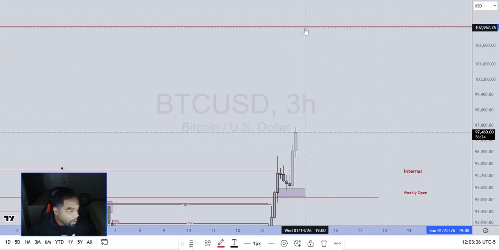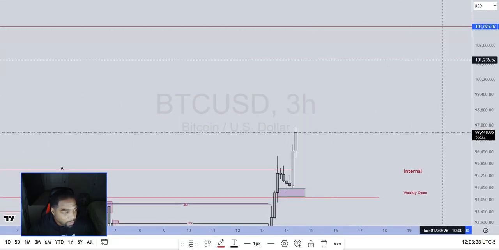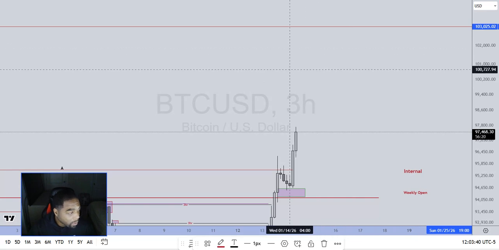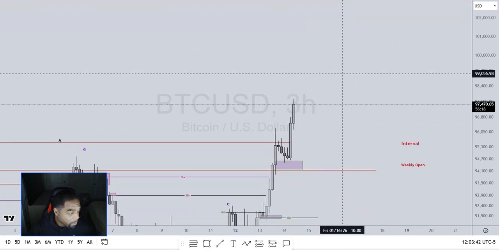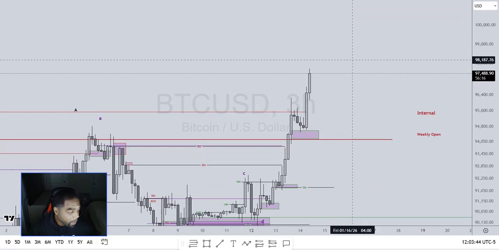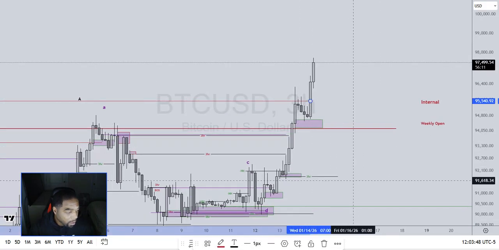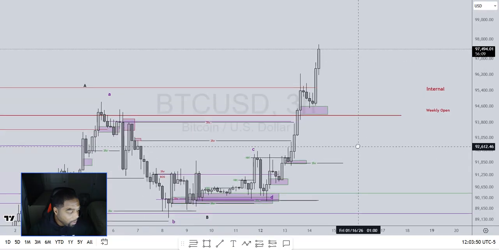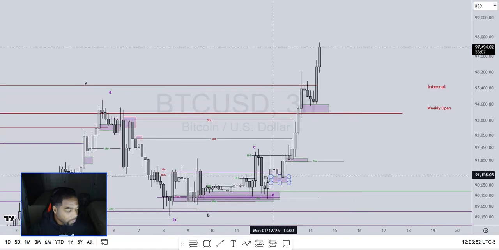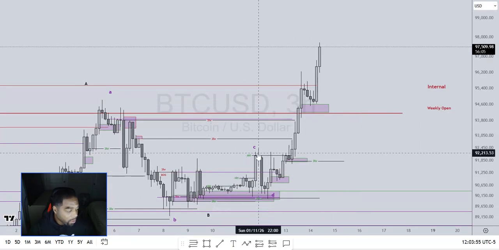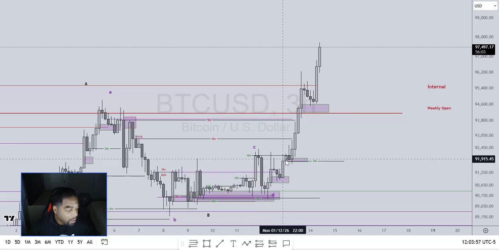And this is the next level, 103. Just call it that, 103. It's the next level that price will be going to. And we just crossed over this level here, 95.5, right? So here on the 3-hour, we're seeing price create and establish higher highs and higher lows.